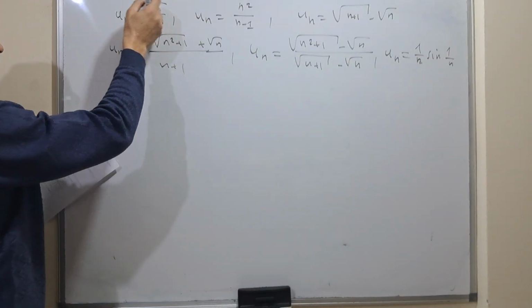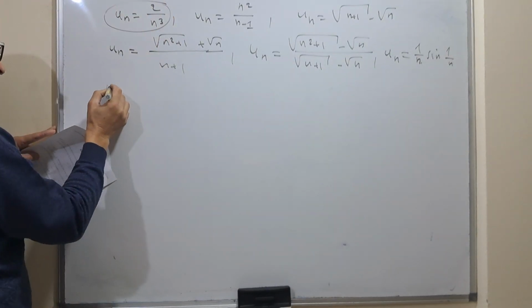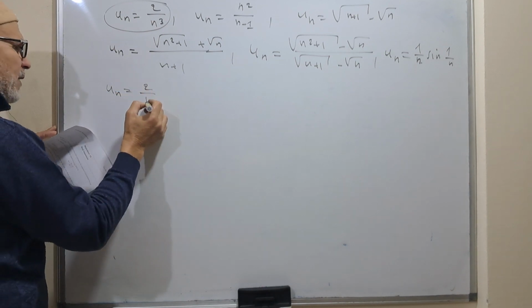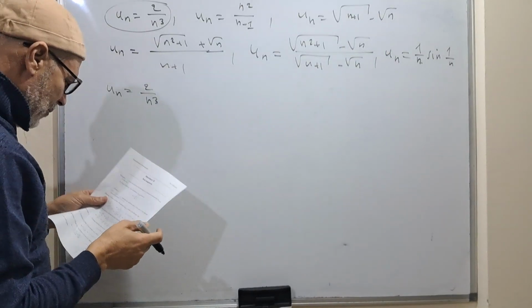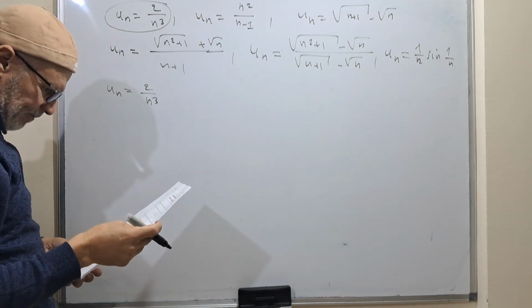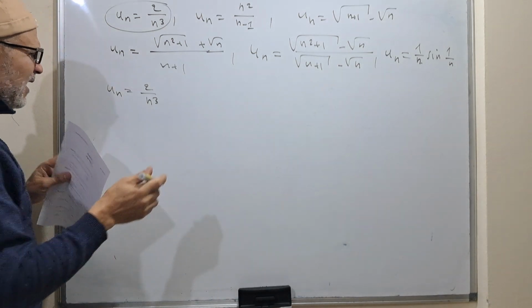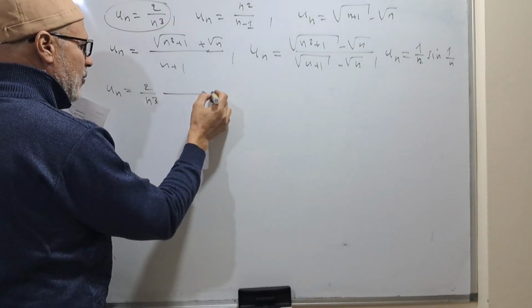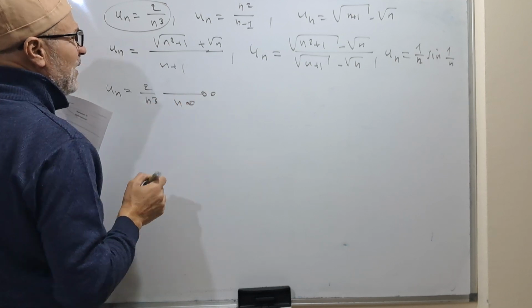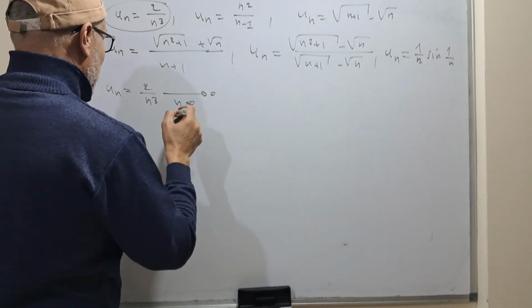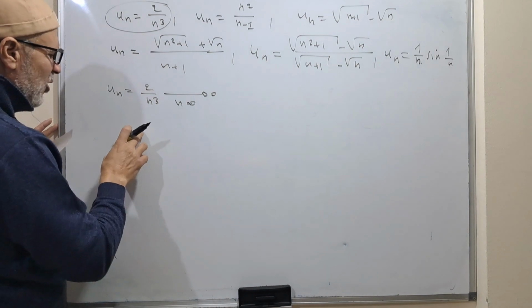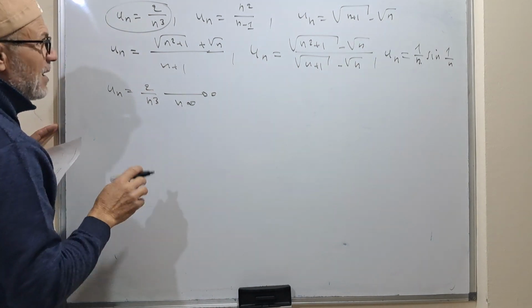For the first one, un equal to 2 over n power 3. This goes to 0 when n goes to plus infinity. You can use the characterization, it will be very nice and very easy.